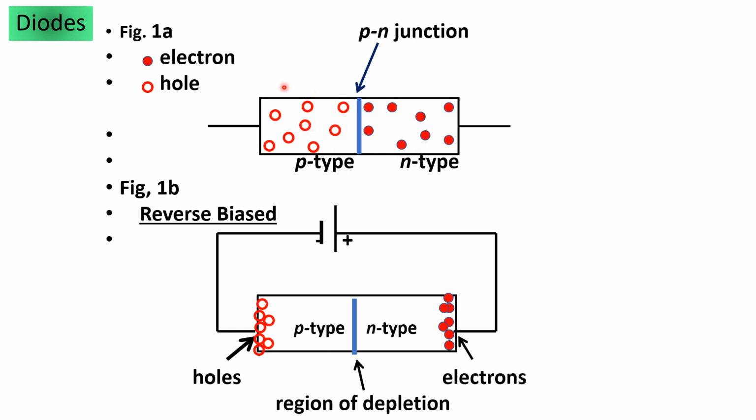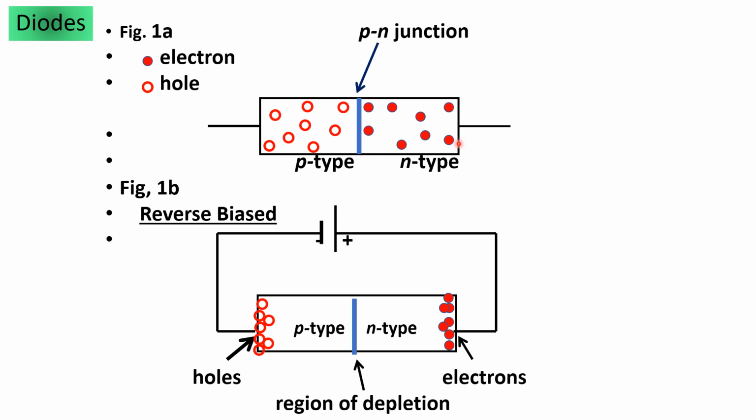If this symbol, the red dot, represents an electron, while the circle with no shade represents what we call a hole, this is how we imagine these charge carriers are distributed.